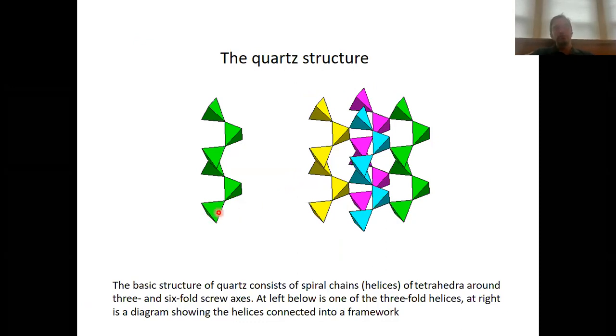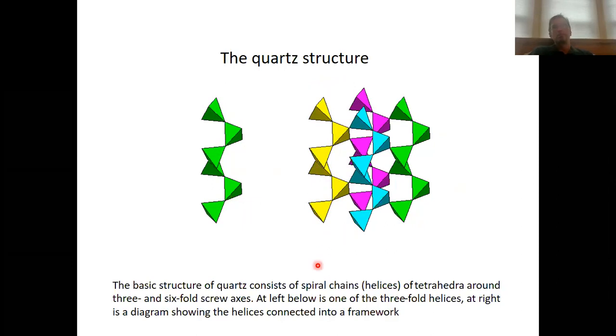Okay, you see here one 3-fold screw axis. And over here, you see that these individual chains are interconnected with each other, okay, to form overall a three-dimensional structure.